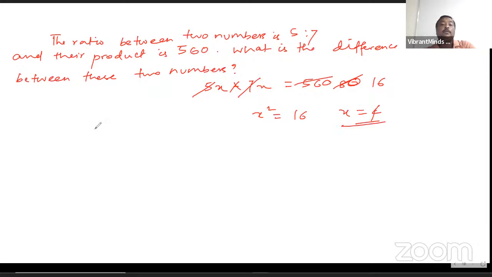What will be the numbers? 5x will be 20 and 7x will be 28. So what is the difference? The difference is 8. Is it clear, guys?